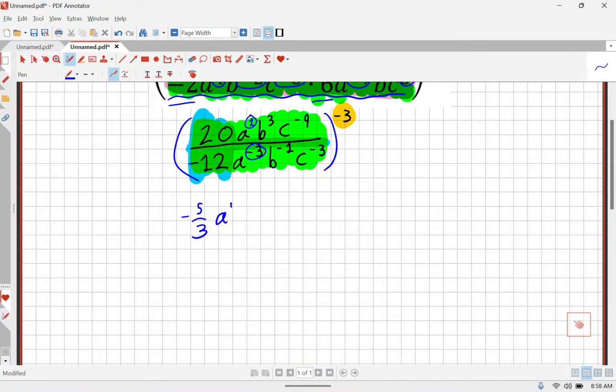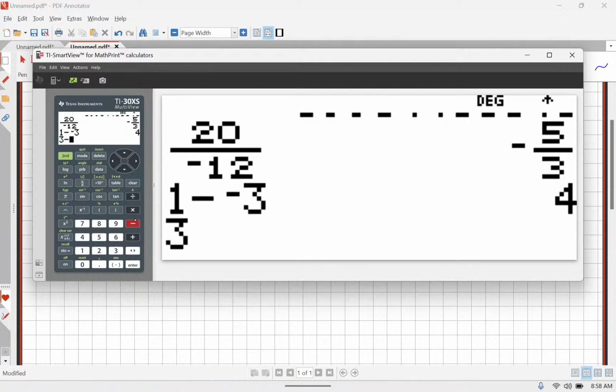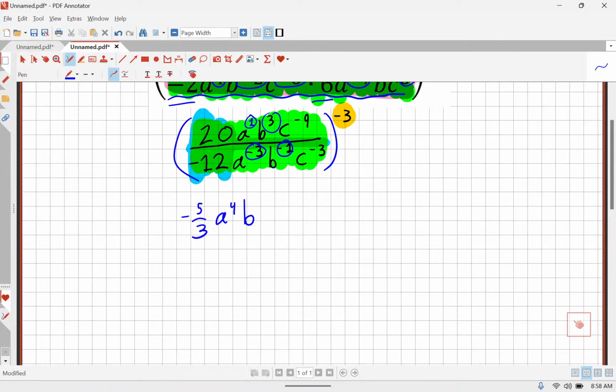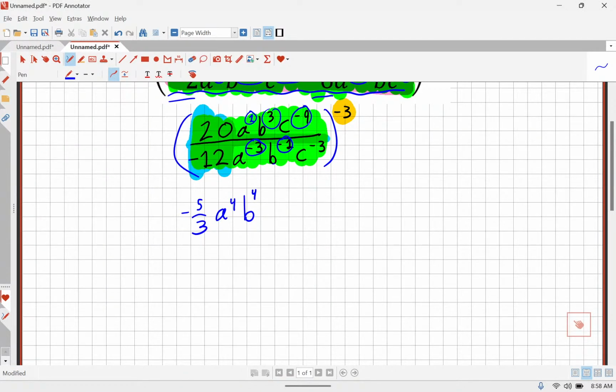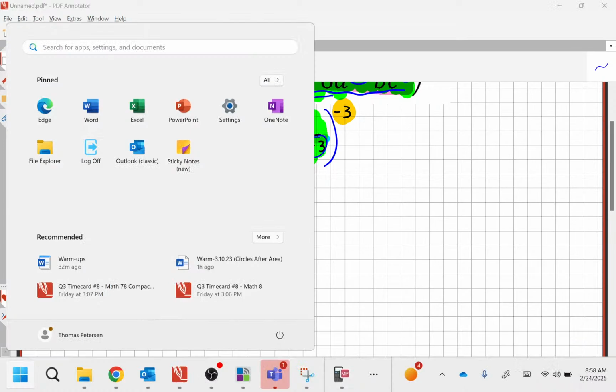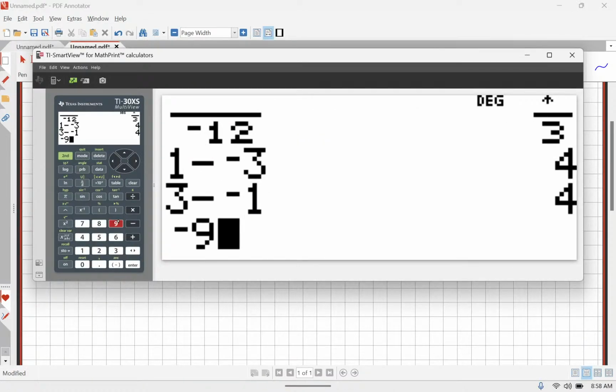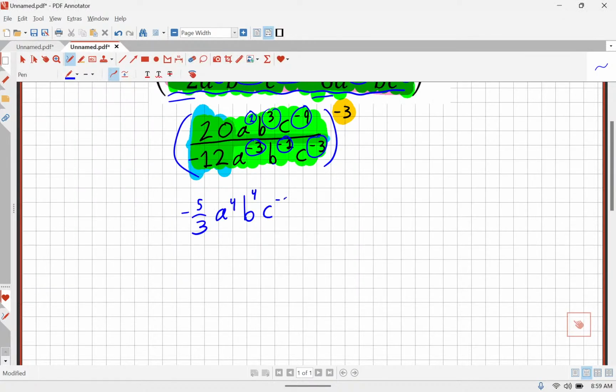Okay. A to the fourth. And then 3 minus negative 1, 4. And then negative 9 minus negative 3 is negative 6. C to the negative 6.